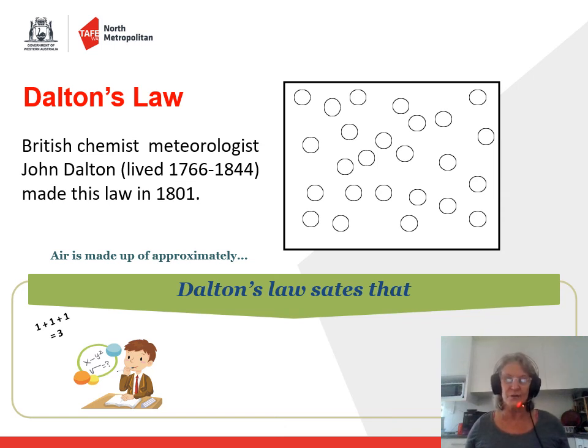That's how diffusion actually works: they move from an area of high pressure to an area of low pressure for their particular atom. So we can find out how much oxygen is in the blood compared to carbon dioxide by working out the partial pressure of these gases.